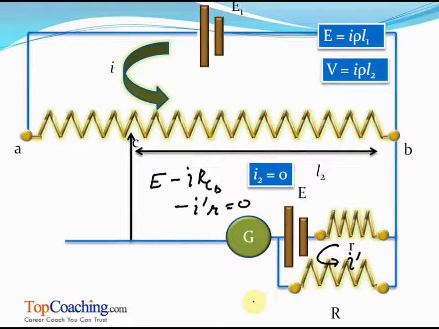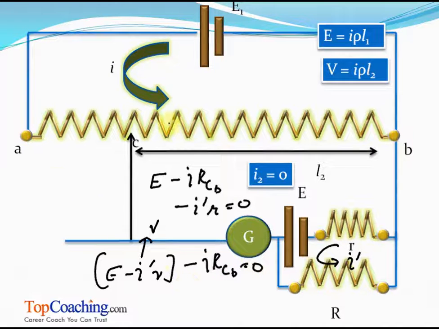This current has not become 0, and since there is a current I dash in this loop, therefore we can replace E minus I dash r by V, and we can say that V minus I into RCB is 0 in this case. So basically, in the earlier case, E was I rho L1. In this case, V is I into RCB equal to I into rho into L2. So therefore we have two equations. E is I rho L1 and V is I rho L2.